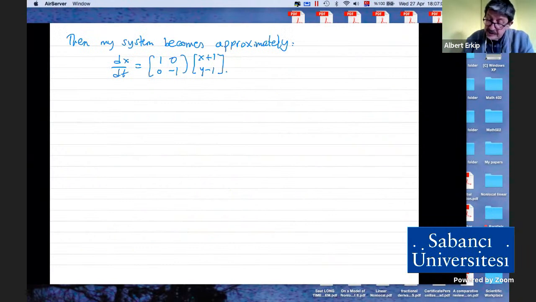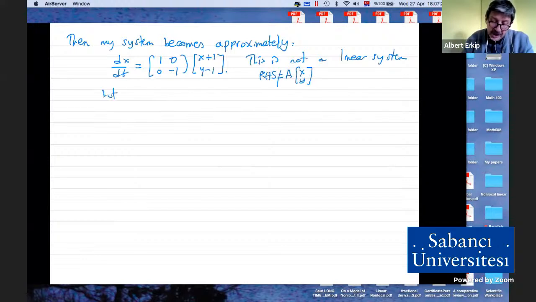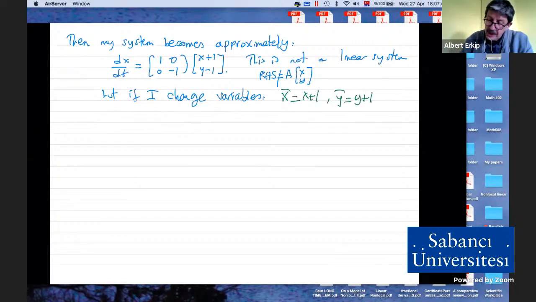Now, this is not a linear system, because a linear system should be A times x y. The right-hand side is not A x y. But if I change variables, this is a trick we do all the time. We get x bar equals x plus 1 and y bar equals y minus 1.